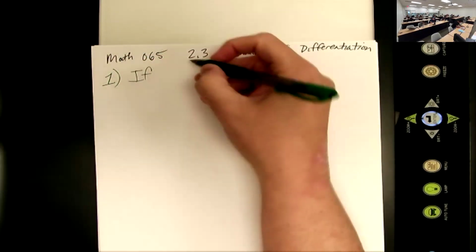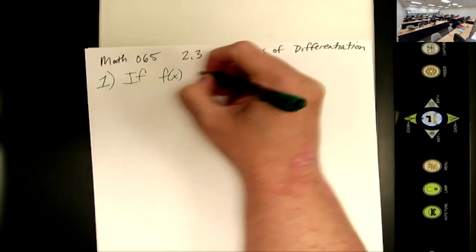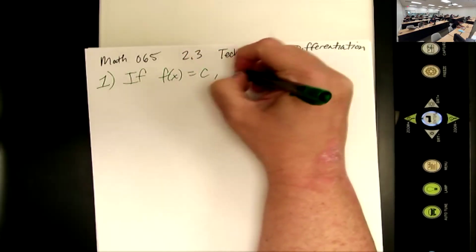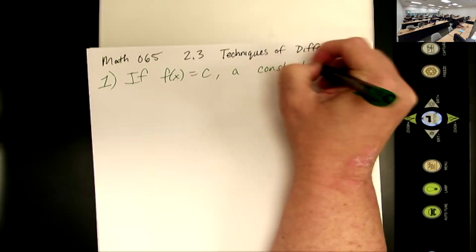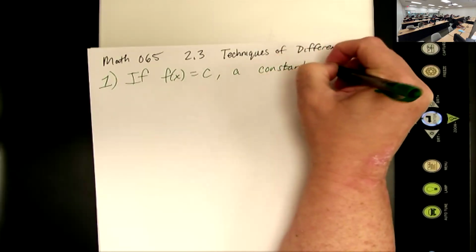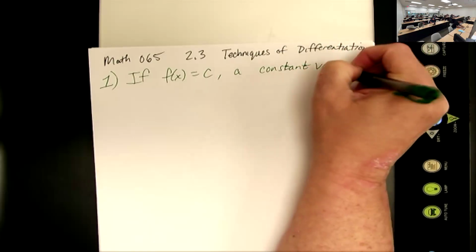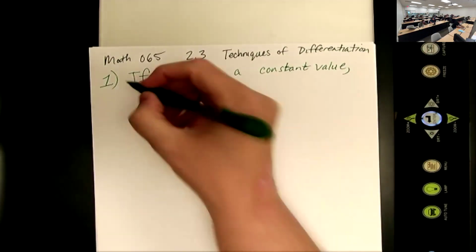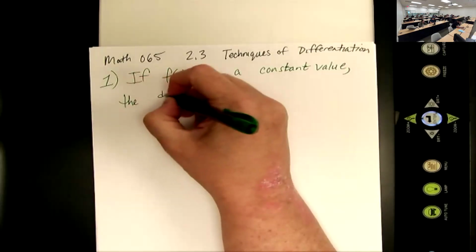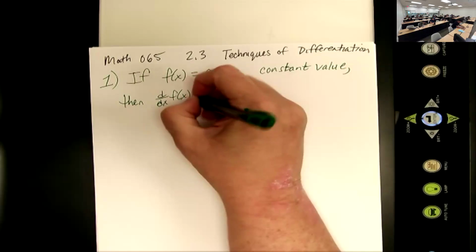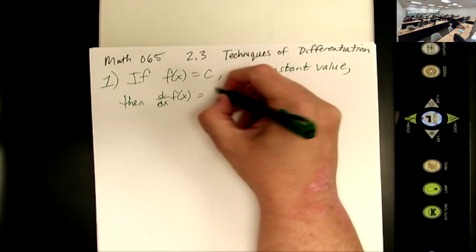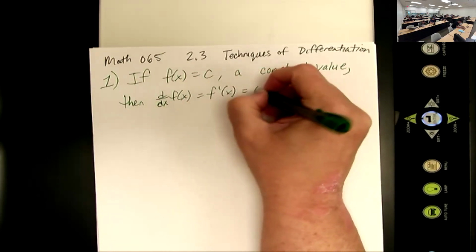If f of x has a constant value, c, then the derivative there equals 0.